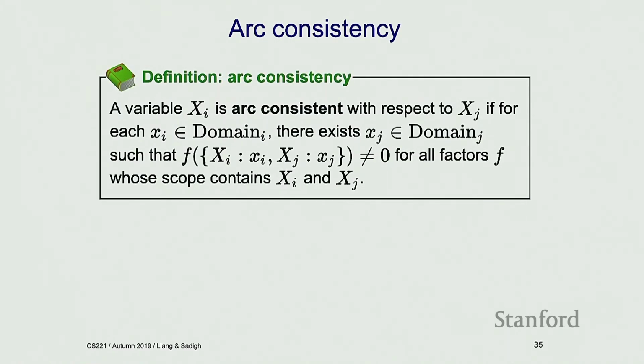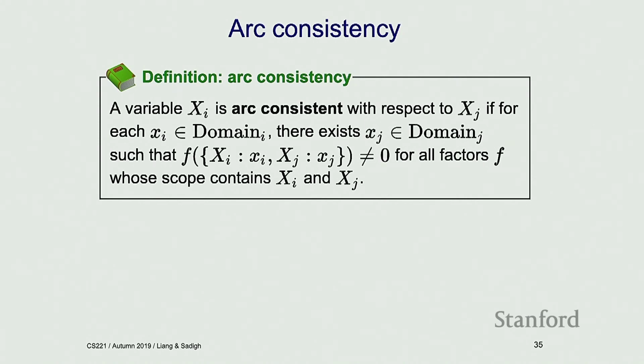Let's formally define this. A variable xi is arc consistent with some variable xj if for each value in the domain of xi, there exists some value in the domain of xj such that the factor is not equal to 0.